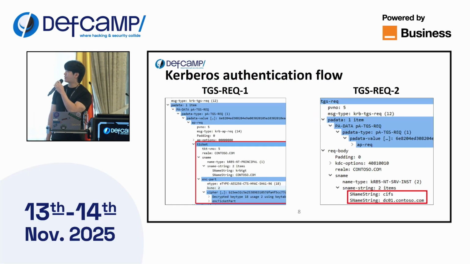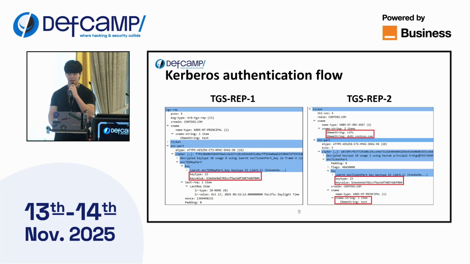The first packet in the TGS-REQ contains the TGT previously obtained from the server. Here the SNAME field specifies the KRBTGT, indicating that the client's identity has been verified. The second packet specifies the final service the client wants to access. In the current screenshot, it is confirmed that the client is attempting to access the SMB service of the domain controller.